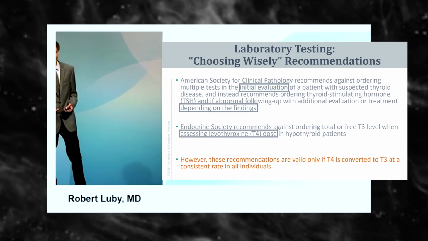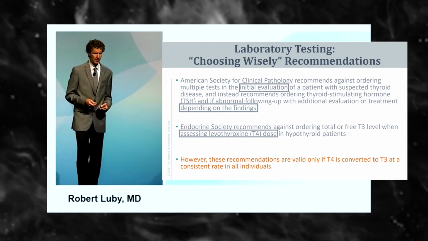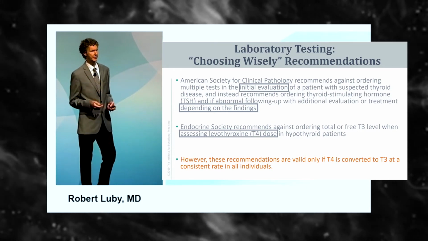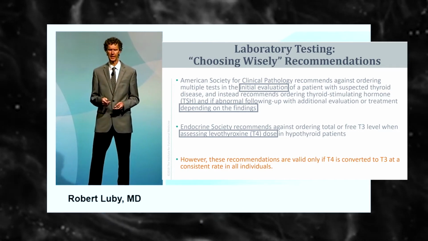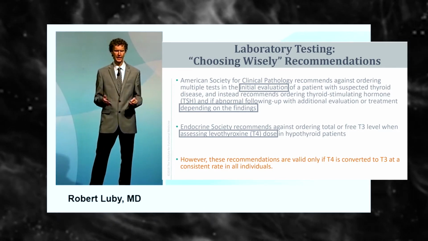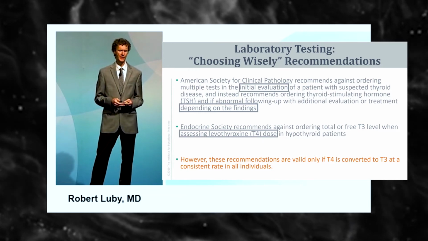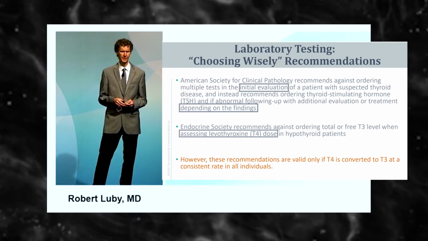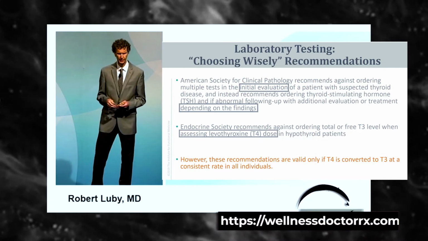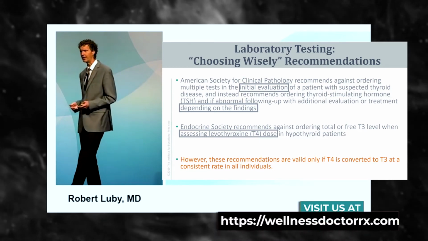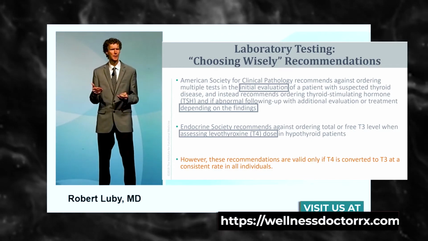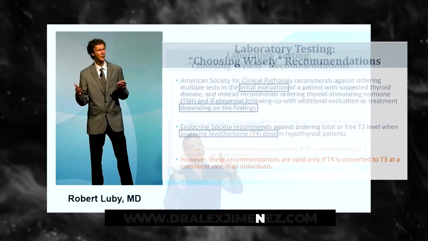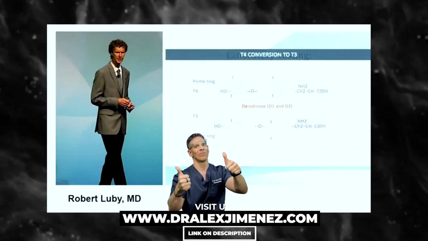Well, this society says the initial evaluation, do not use extra tests, only test TSH. But then depending on findings, you might need to do other testing. And the Endocrine Society says in hypothyroid patients, do not order free T3 when assessing replacement. So this is good for healthcare expenditure, but we've got compelling evidence now that this might need to change. Okay, so we've got competing evidence that we have to balance now, and it puts us in a quandary.